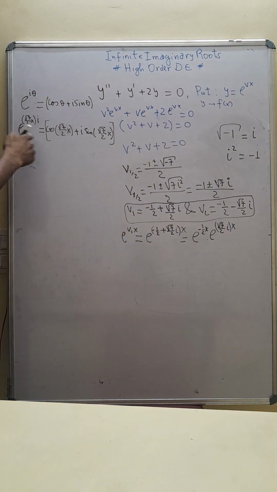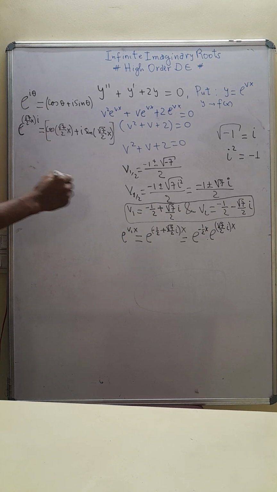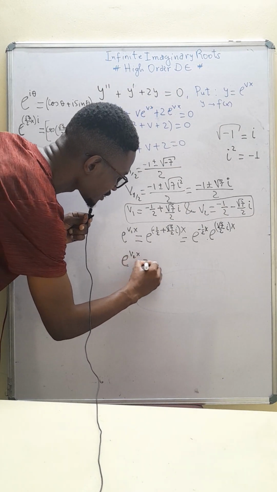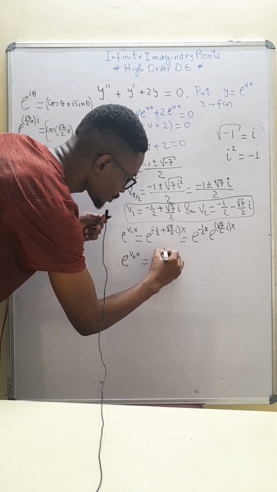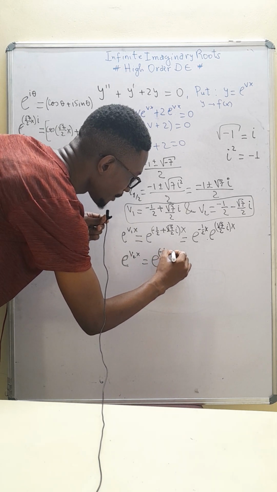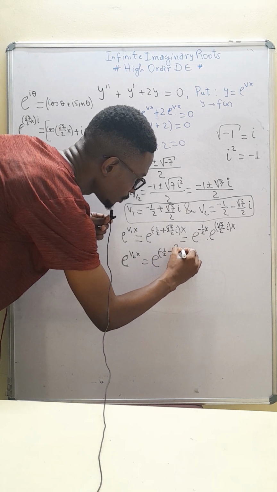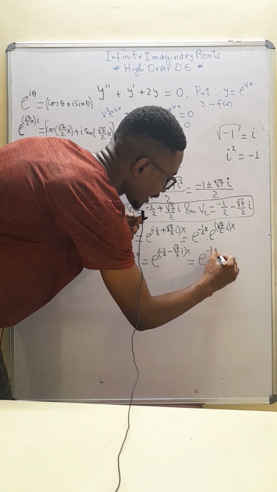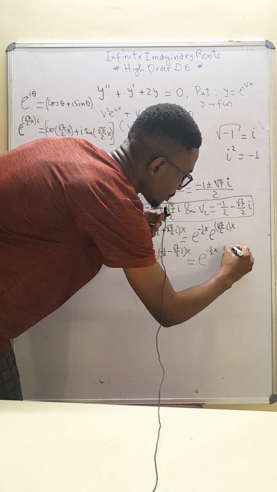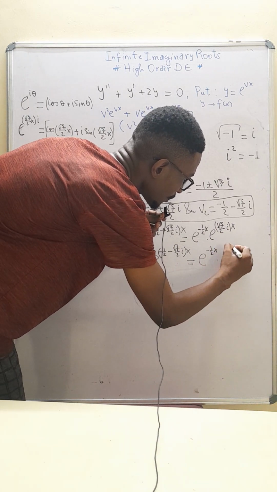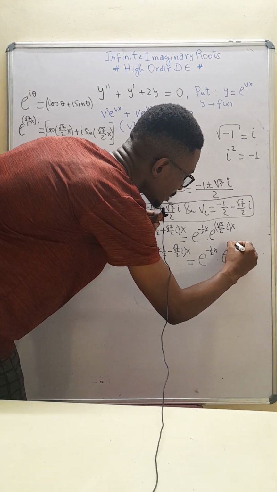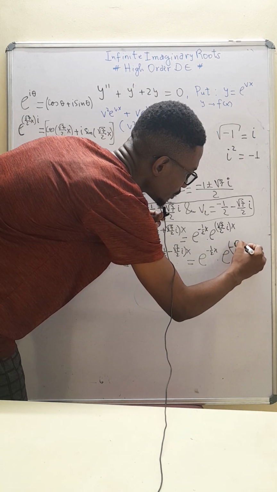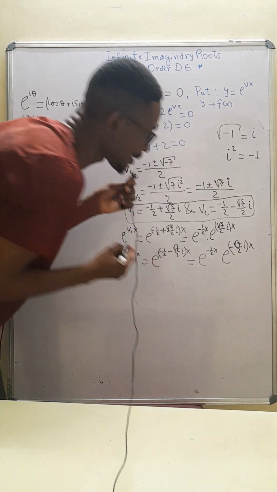Suppose we do it for Euler raised to the second root times x. This will be Euler raised to minus 1 by 2, then minus root 7 by 2 I times x. It will be Euler raised to minus 1 by 2 x times Euler raised to minus root 7 by 2 I multiplied by x.